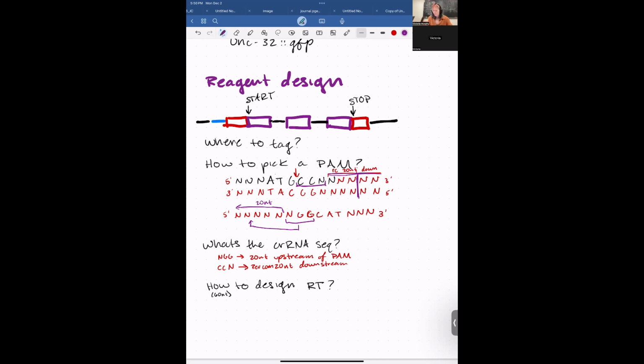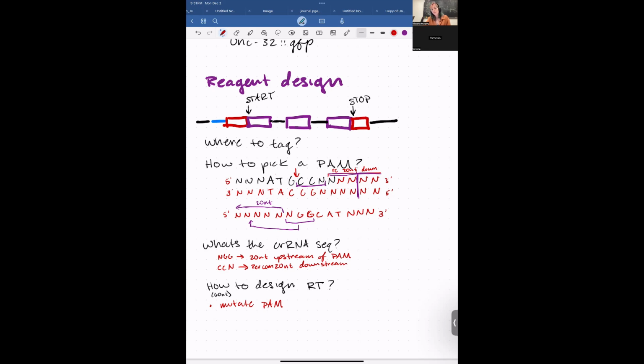But also, one thing that we do is we mutate the PAM. And we try to do this in a way that doesn't disrupt the gene. So if our PAM is in the coding sequence, then we make sure it doesn't make a mutation in the protein sequence itself.